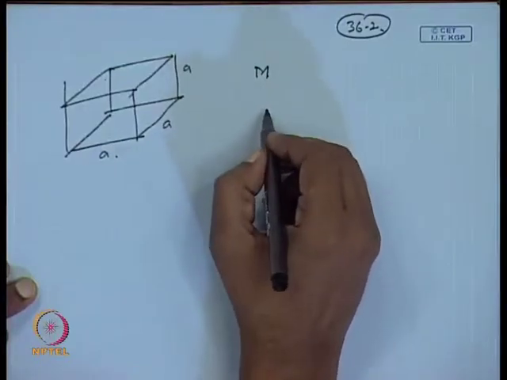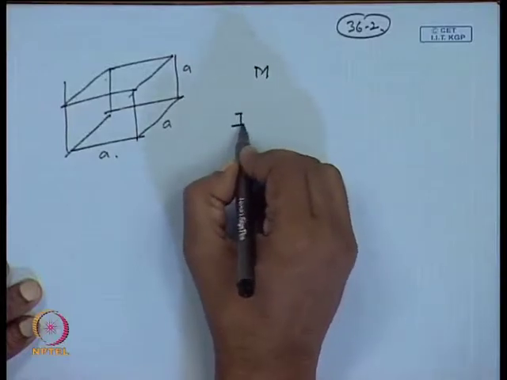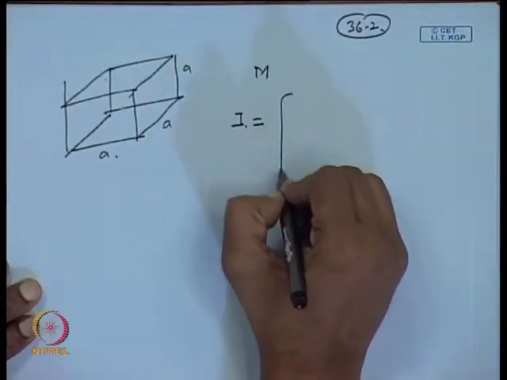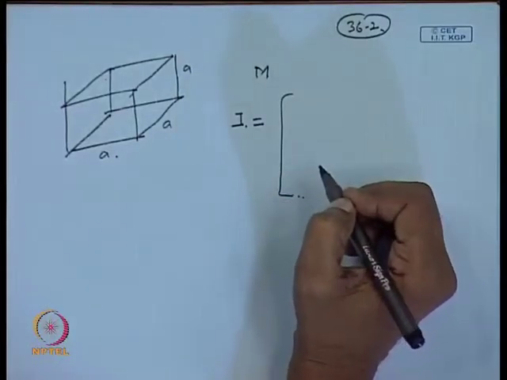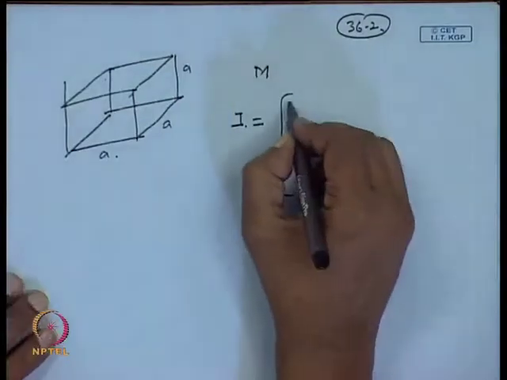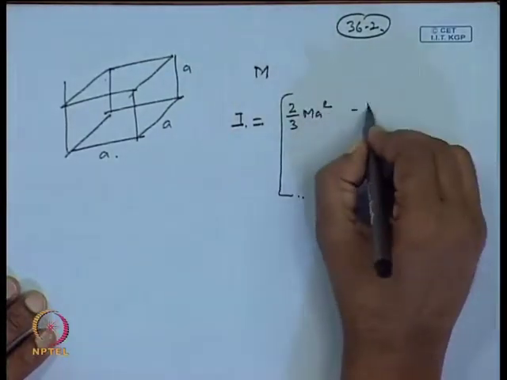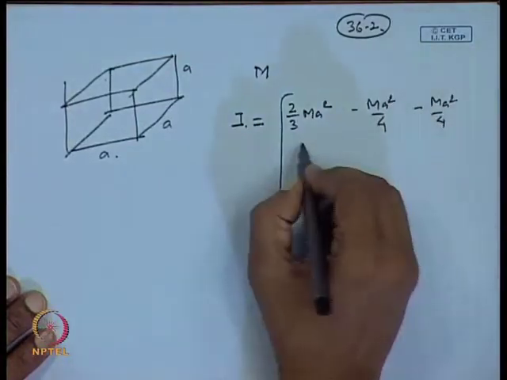Ultimately what we got last time is that our inertia matrix we put in the format of 2 by 3 m a square, minus m a square by 4, minus m a square by 4.